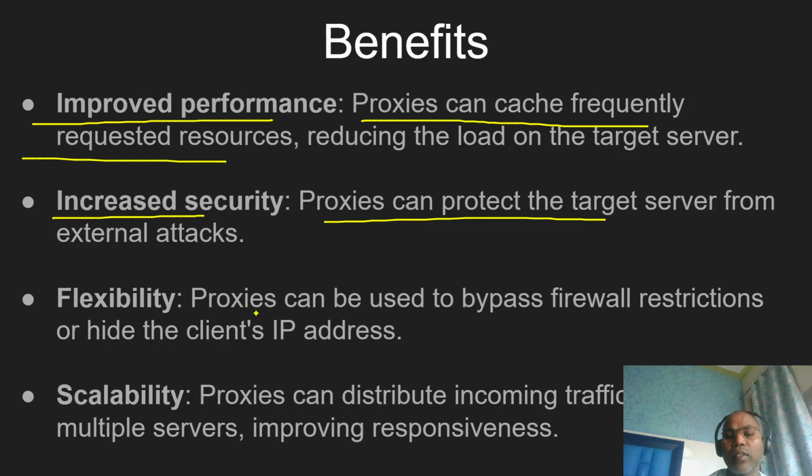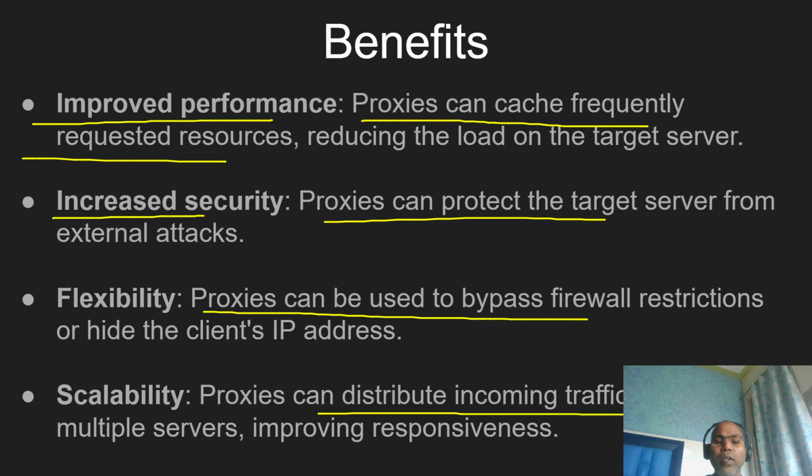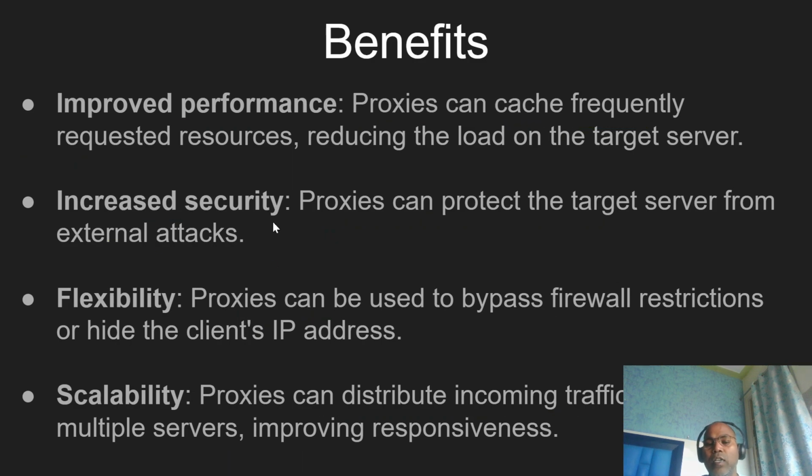They provide some flexibility: a proxy can be used to bypass firewall restrictions and to hide IP. And surely, if you use a proxy, your overall application becomes more scalable, because the proxy can distribute incoming traffic to multiple servers, which improves our application's performance and responsiveness.